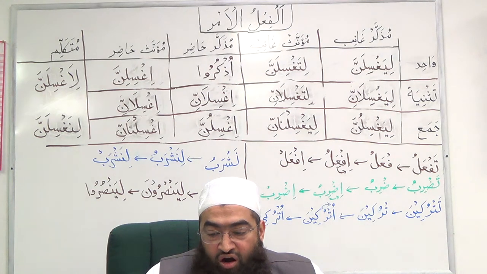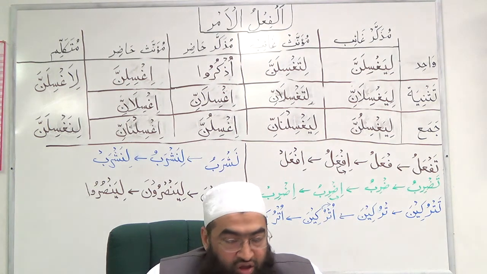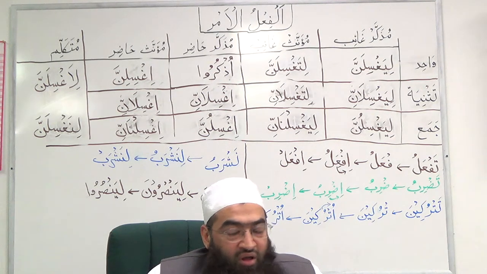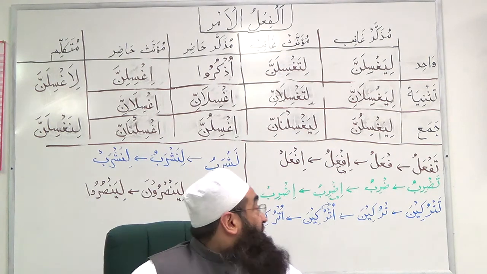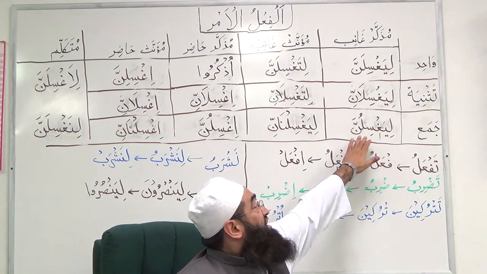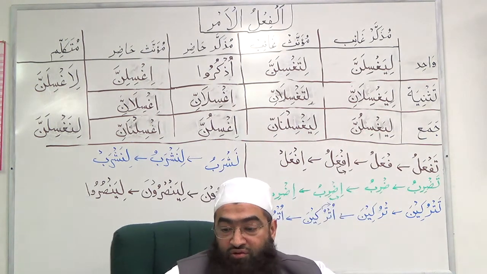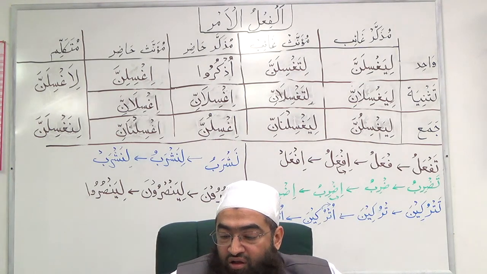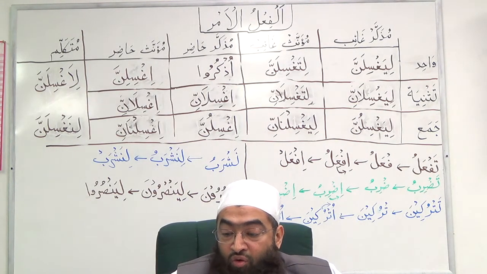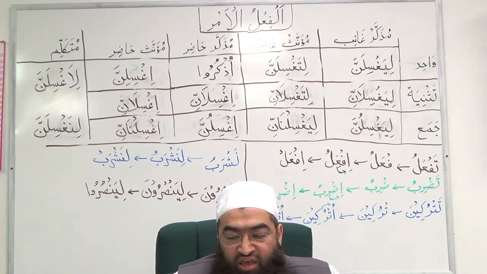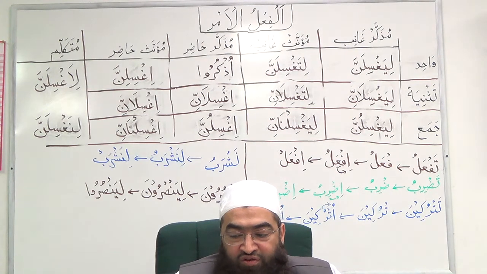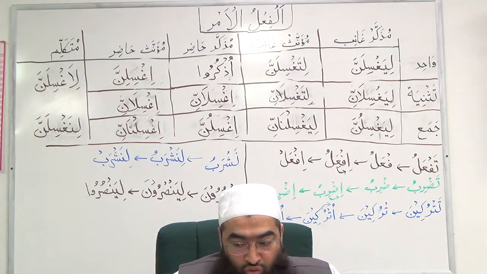So these are examples of Amr Ghaib. So it comes over here. لِيَفْعَلُوا. Okay? So it says ثُمَّ لْيَقْضُوا. The lam became sakin because of the meem before it. Otherwise, if that thumma wasn't there, it would be liyaqdu.